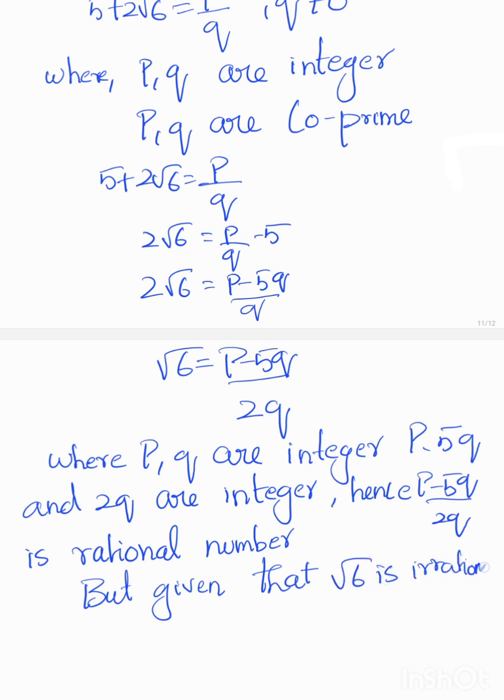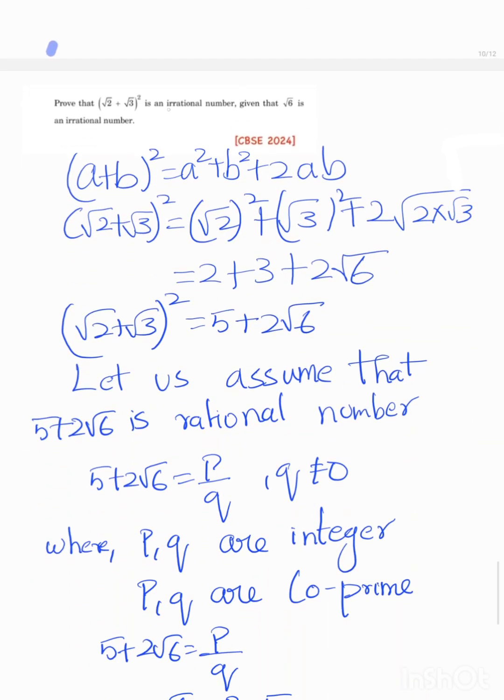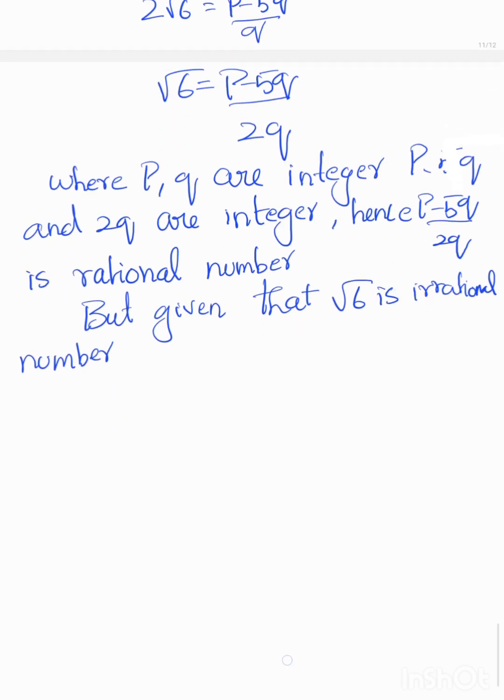But this irrational number is equal to a rational number, which contradicts our assumption. Root 6 is given as an irrational number, and (p minus 5q) by 2q is a rational number, so both are mismatched. So we can say our assumption is wrong here.